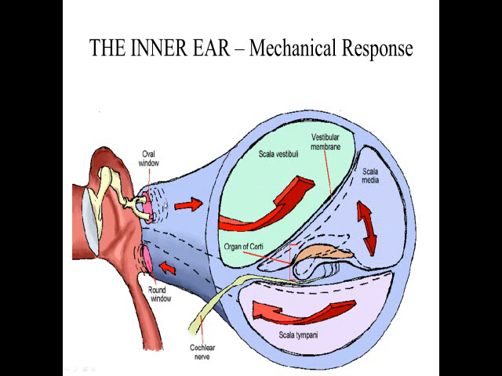So if I push in here, I'm ultimately going to be pushing down here toward the scala tympani, and that's going to send a similar wave of fluid motion, pressure, out through the scala tympani and out at the round window.